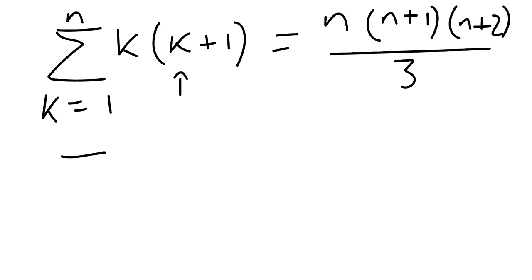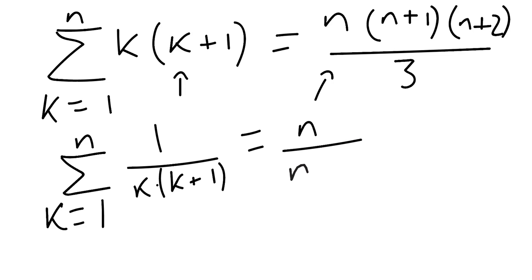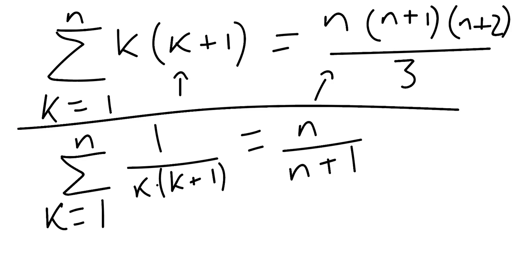And if we take the reciprocal of this and sum those, from k equals 1 to n of 1 over k times k plus 1, this actually doesn't look anything like that. It looks like n over n plus 1. So these are summing consecutive terms, or the reciprocal of consecutive terms.